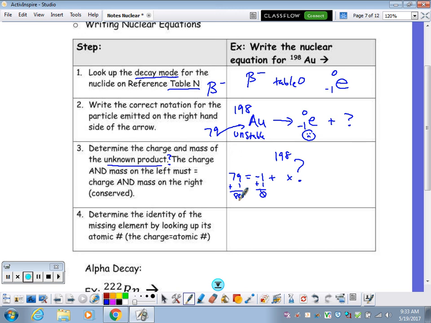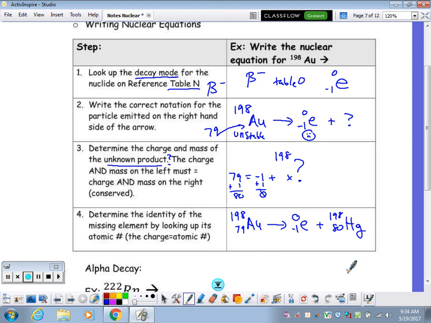So now let's come up with the total final reaction. I have gold 198, and I'll put in its atomic number 79. It decays, it spits out that beta particle, and the new structure formed has a mass of 198. It has an atomic number of 80, and I need to go to the periodic table to find its symbol, and I look it up, and it's Hg.